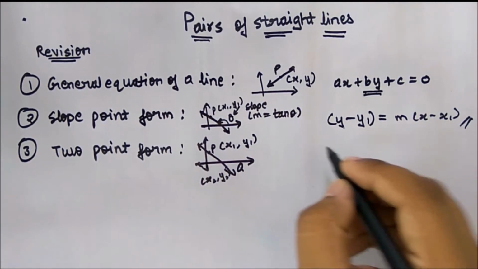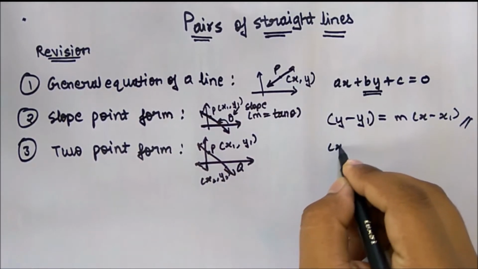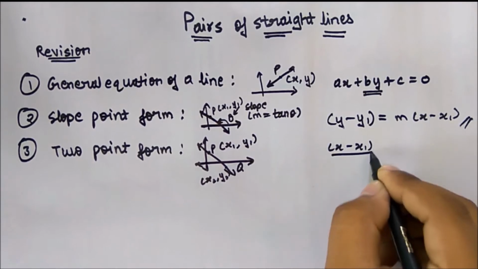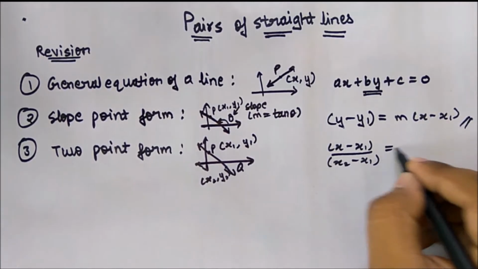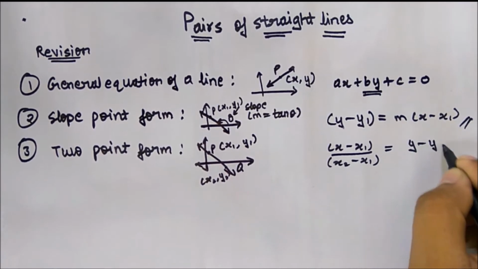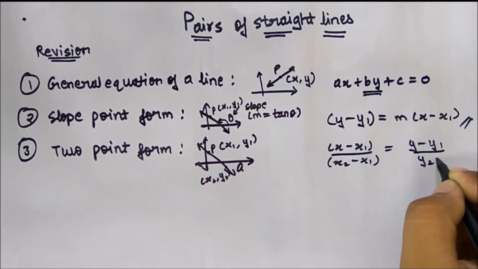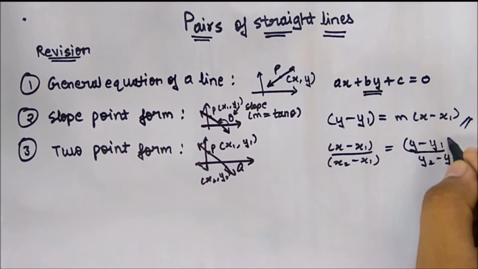To find the equation of this line, we use this result: (x minus x1) upon (x2 minus x1) is equal to (y minus y1) upon (y2 minus y1).